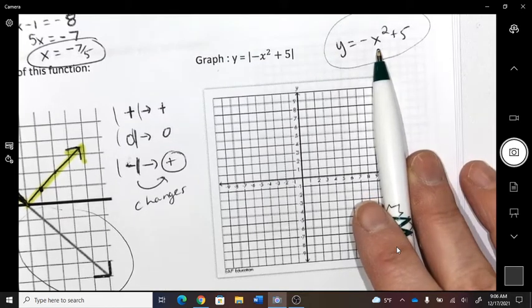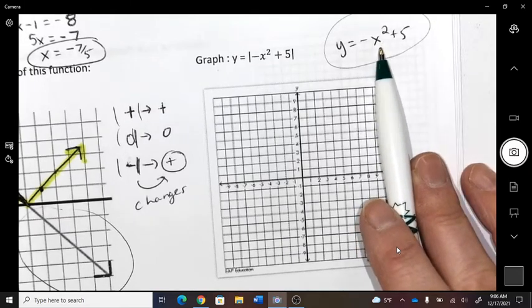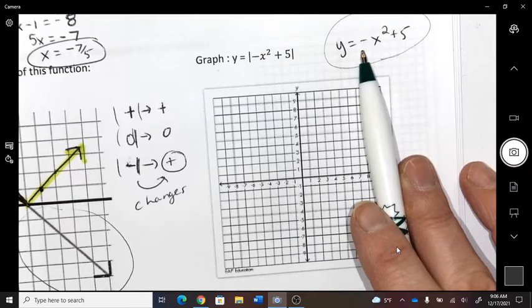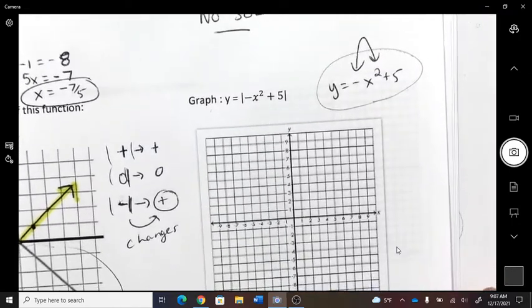Y-intercept. What's the shape of the object? Like, what does it make when you graph it? What shape? We've learned 2 things, lines and quadratic parabolas. So this one is a parabola. What does this negative do to this parabola? Flips. So we have a parabola like that.